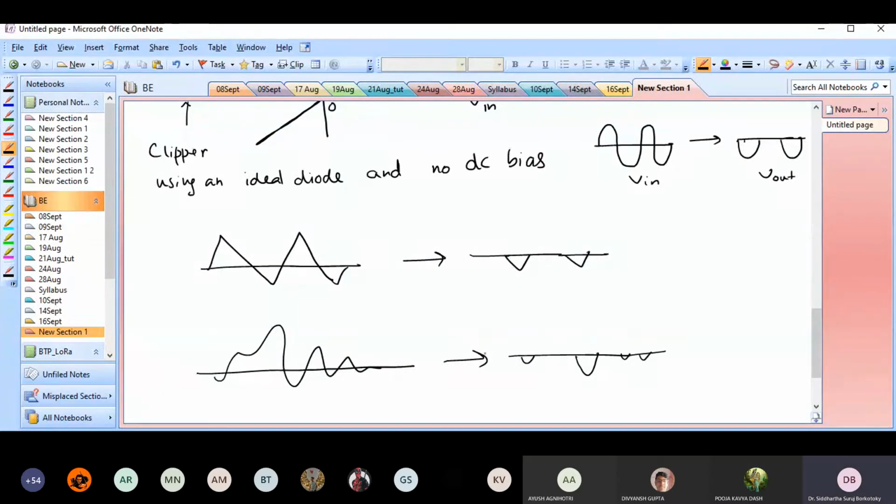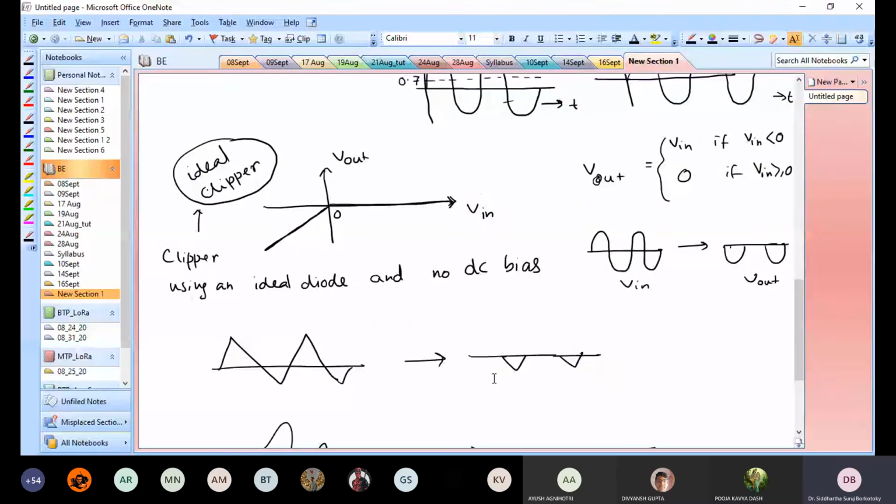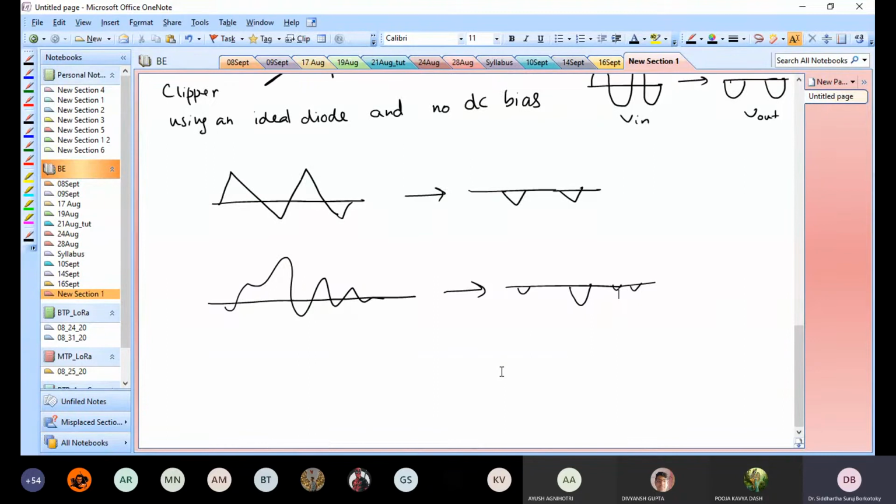So all this can be inferred just by looking at the transfer characteristic. I don't really need to specify the output for every input. As long as I can tell you that for this particular voltage input, I get this particular voltage output, from that knowledge alone I can say for sure what my output would be for any arbitrary waveform. That is the benefit.